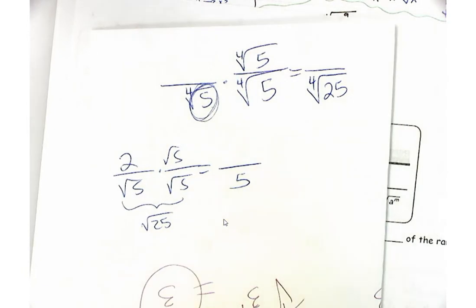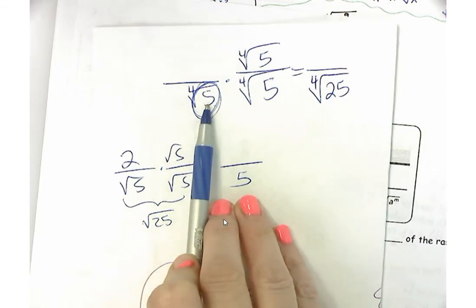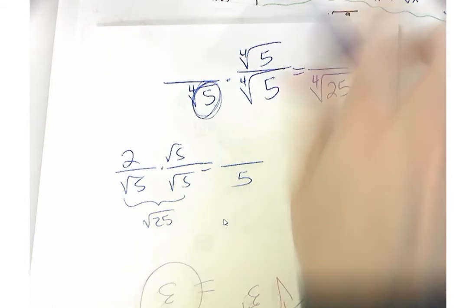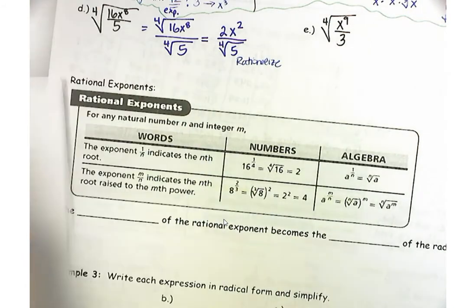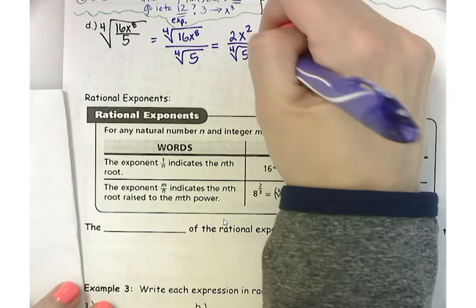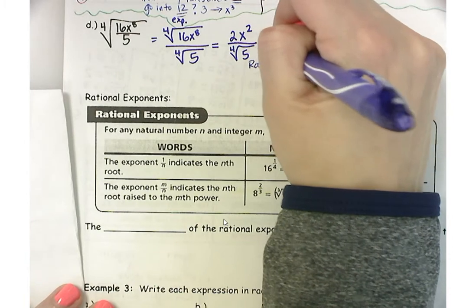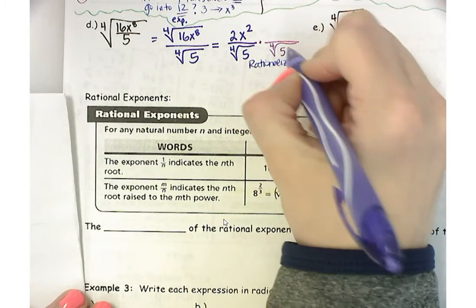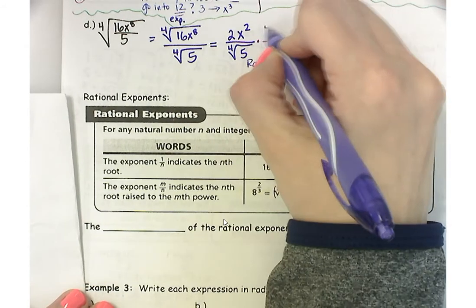Now on the top, you are going to have to simplify this part here, right? What is 5 to the 3rd? 125. We know that that's not going to simplify because you only have those 3 factors, and 5 is a prime number. So this is our final answer.